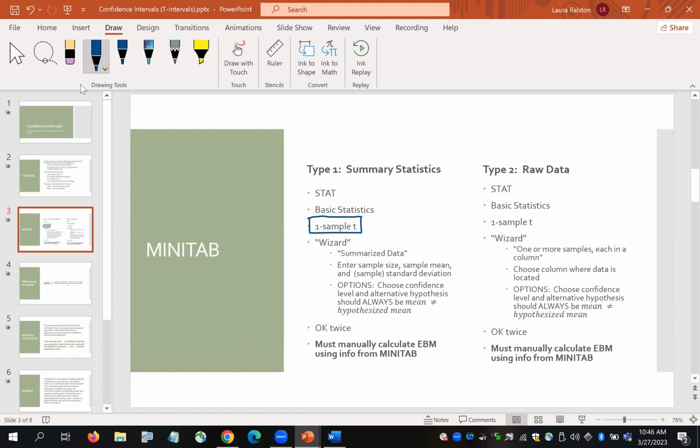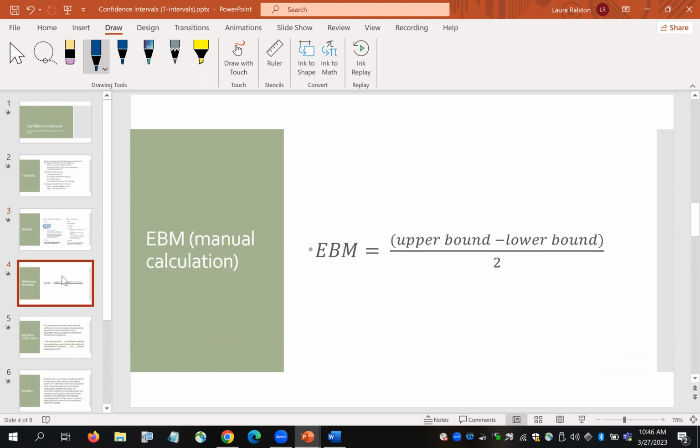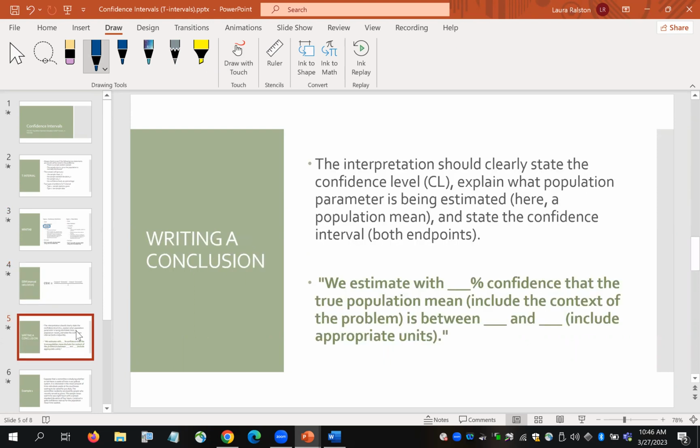We still have to calculate the error bound for the population mean manually by hand using the formula. It's the same formula, upper bound minus lower bound, and then divided by 2. The conclusion is written in the same way as the one we had for Z.